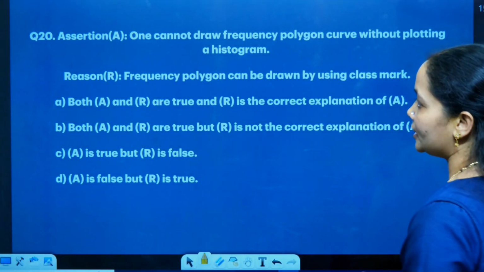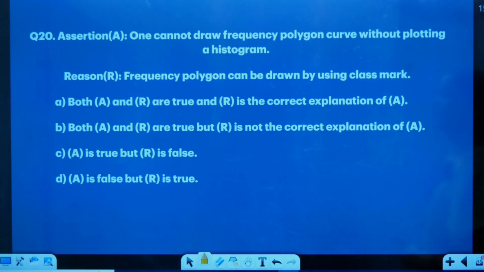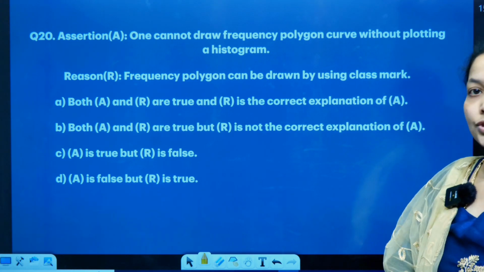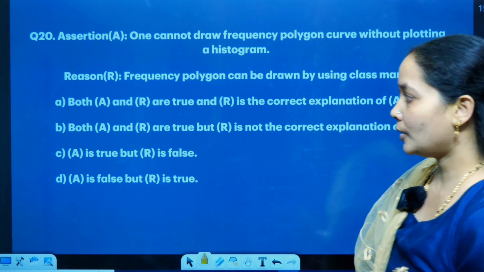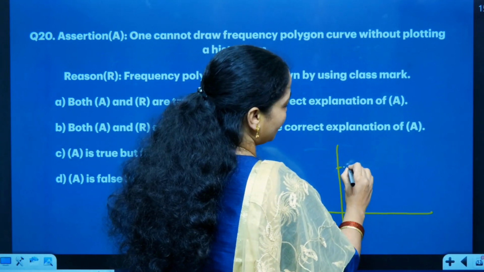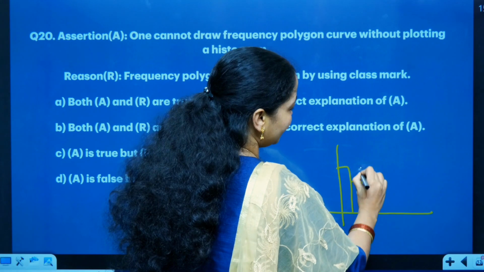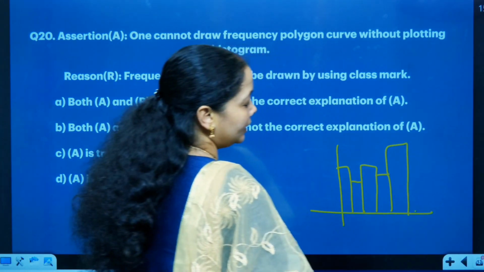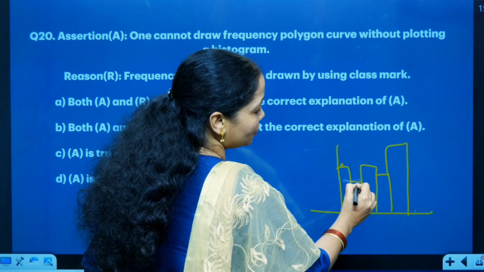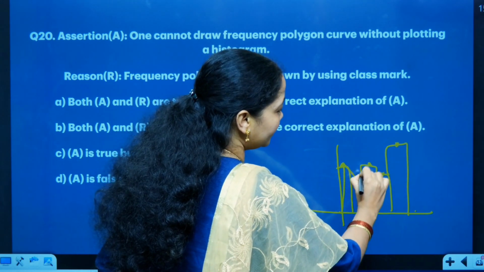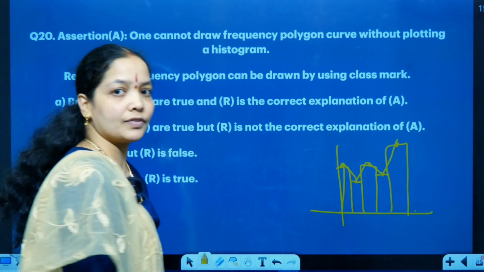Moving to the 20th question, assertion says one cannot draw frequency polygon curve without plotting a histogram. What is a frequency polygon? Quickly just making you analyze. If I have a histogram like this, histogram is nothing but a bar graph. If I have a histogram in this manner, I'll take the midpoints of the histogram and if I connect them together, this is called a frequency polygon.